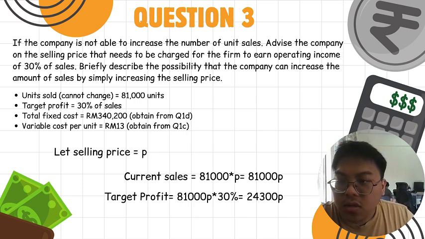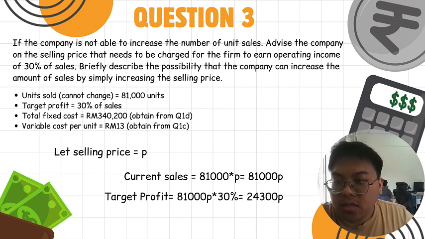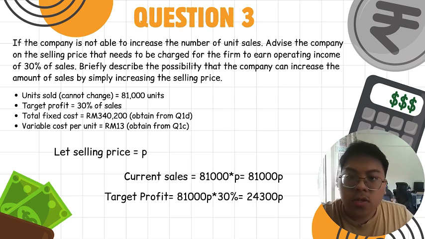The total fixed cost which we obtained from question 1D is 340,200. And the variable cost per unit that we obtained from question 1C is RM13. So how do we do this question? Firstly, we need to count the current sales and the target profit.